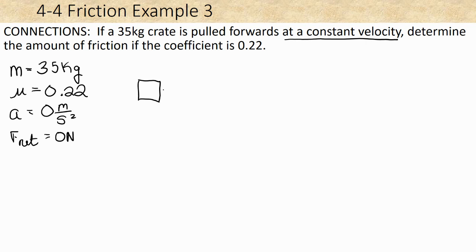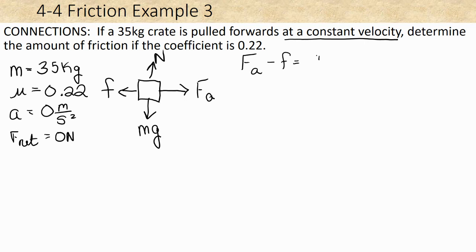So we're going to have to solve out for one of them. So here's our crate. We know it's being pulled forward with some unknown applied force. The unknown friction goes backwards. The weight goes straight down. That's mg. And the normal force goes straight up. Now, we have to sum out our forces. Applied force minus friction equals the net force, which is 0.